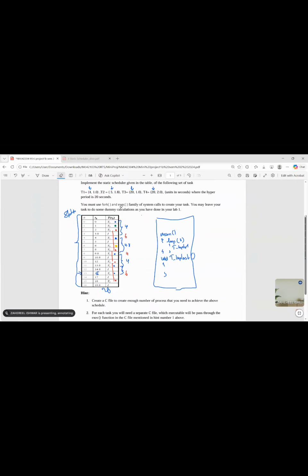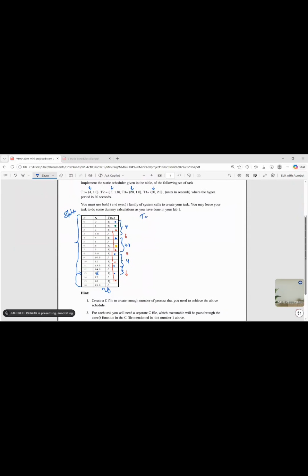Okay, let's look into this. Let me write it a bit neater. The handwriting isn't pretty, right? Now, here the period is, before that, let me revise.